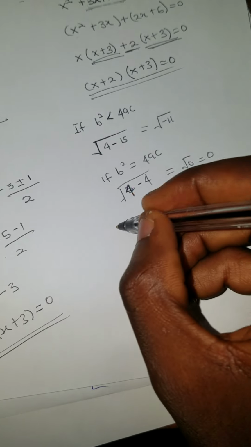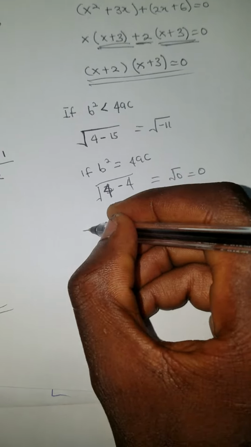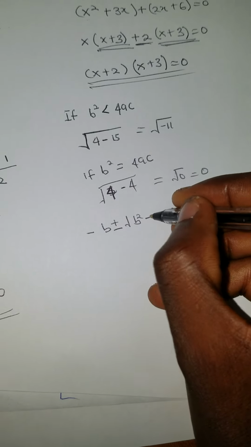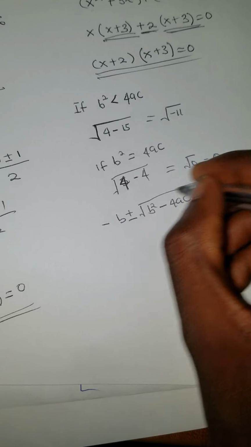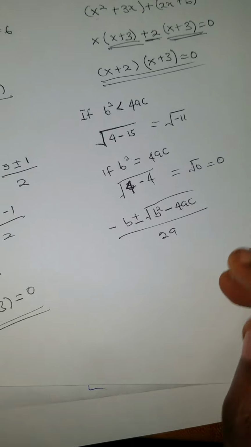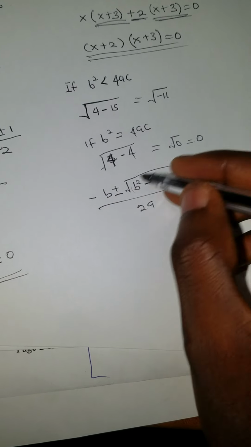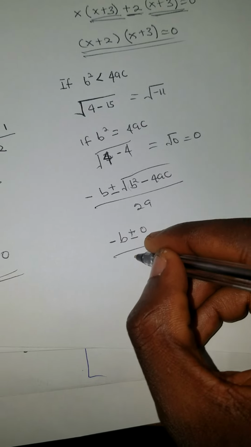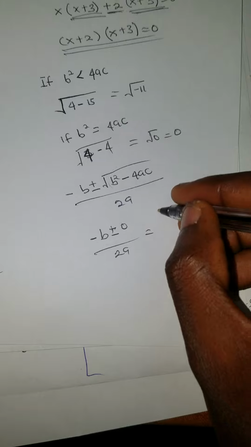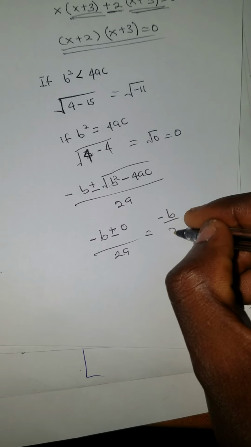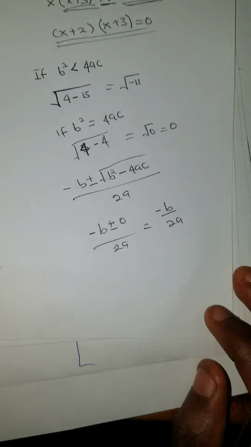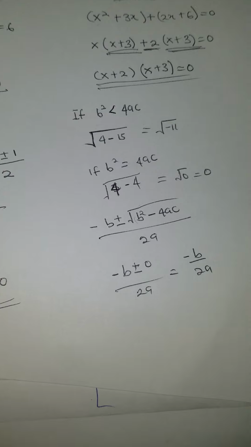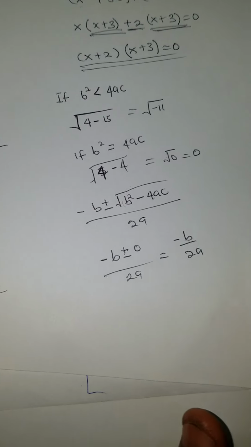So in the formula, minus b plus or minus the root of b squared minus 4ac, all over 2a, the whole root is 0, so it will be minus b plus or minus 0 all over 2a, and the answer is minus b all over 2a. If that happens, you have only one solution, when b squared is equal to 4ac.